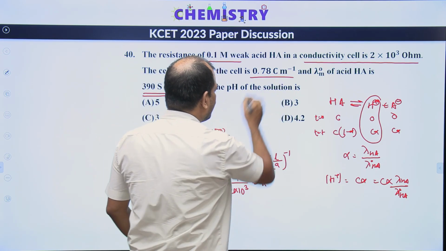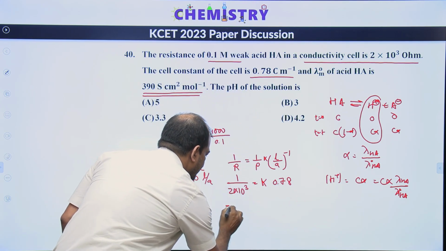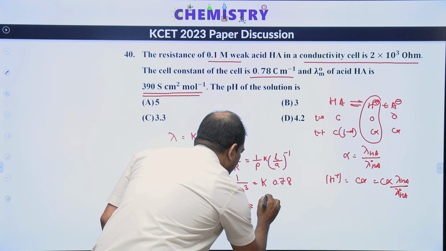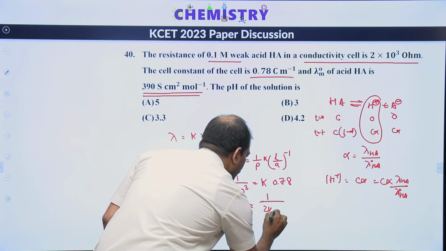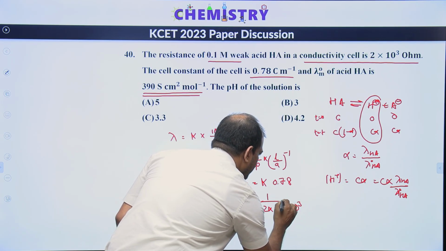L by A is also given to you, it is 0.78. That means I can find K should be equal to 1 by 2 into 0.78 into 10 to the power 3.